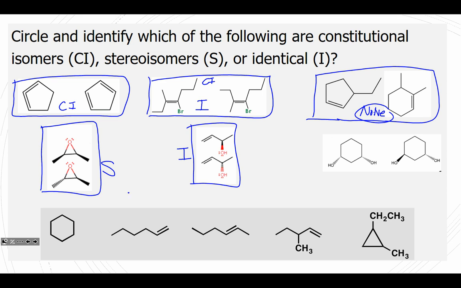And since it's in a triangle, if I looked at it like this, one carbon is up here and one carbon is down here. So we got a cis and a trans. Okay? Looking over here at this one right here.